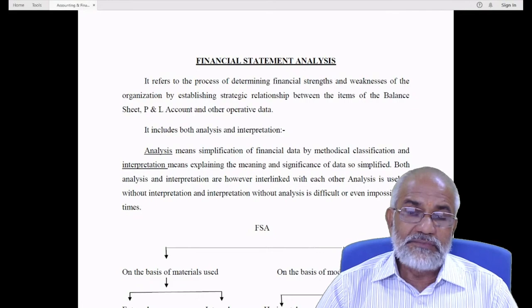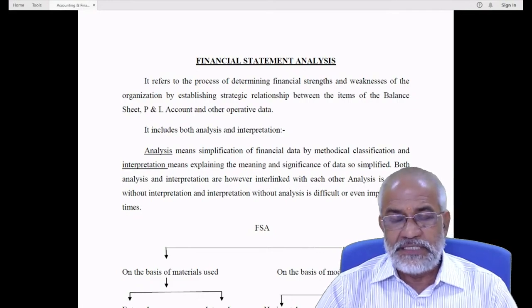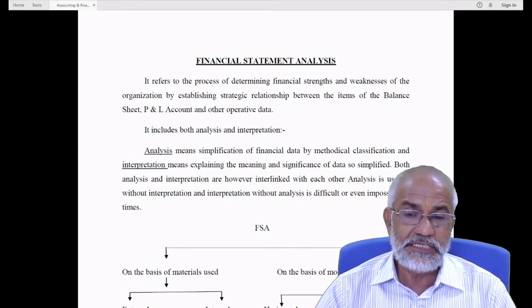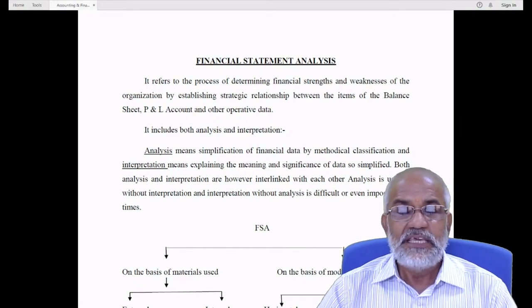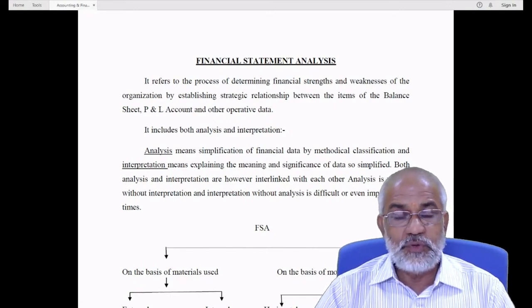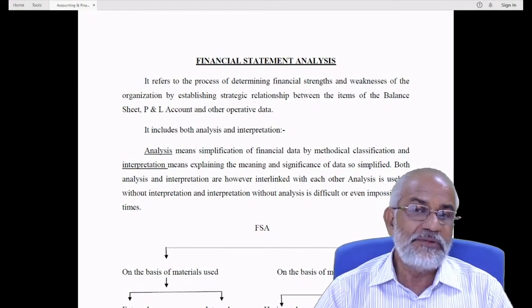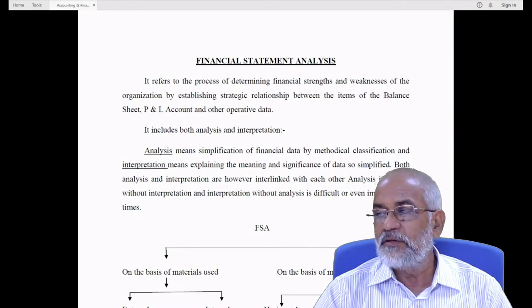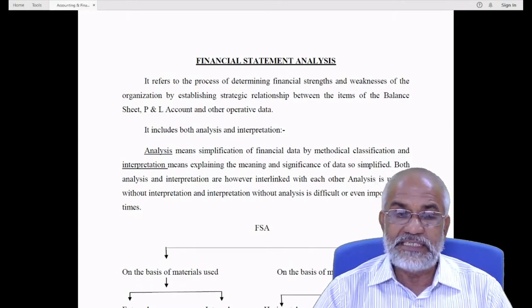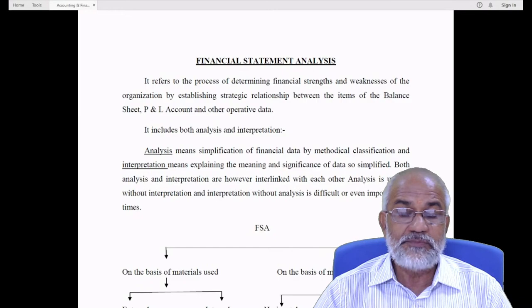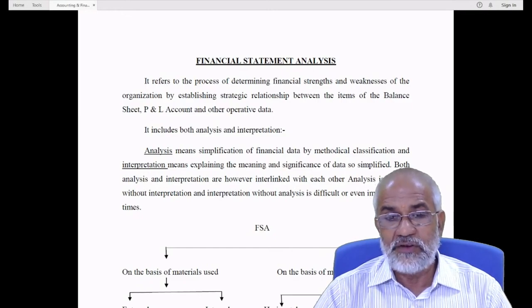So these are the components of the income statement. That means manufacturing account, trading account, profit and loss account, and profit and loss appropriation account. The last component of the income statement is the profit and loss appropriation account. That means if there are items like below-the-line transactions, like provision for income tax, provision for dividend, etc., the items which are appropriations of profit, which are not charged against profit, then only when there is profit will there be appropriation.